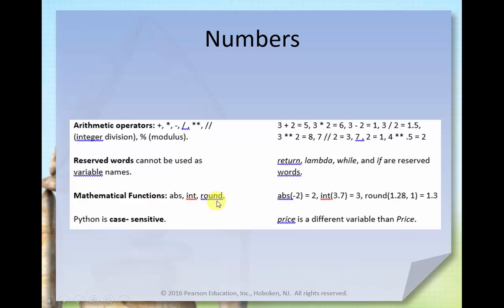We also introduced a few mathematical functions, absolute value, integer, and rounding. Of course, the big clue there is that there's a lot of other ones available to you as well. We also covered the fact that Python is case sensitive, so a variable named lowercase price is going to be different than uppercase price.